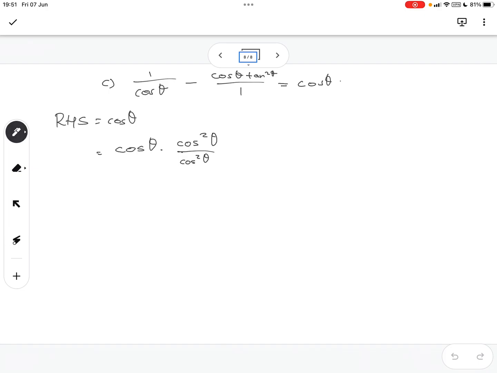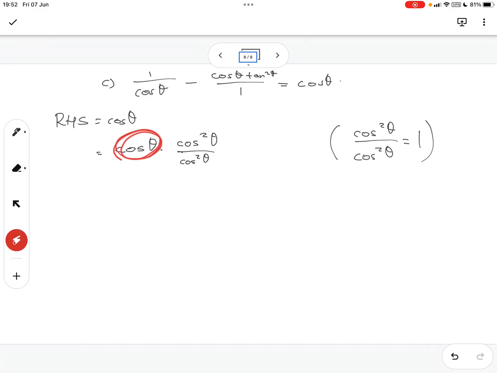I said cos theta is the same as cos theta times cos squared theta over cos squared theta, because this equals 1. In brackets, cos squared theta over cos squared theta equals 1. So it doesn't really change the original expression. The original expression still remains the same. It's just multiplied with this. But we're multiplying with this so that we can get to our goal. So we're testing out if this works.